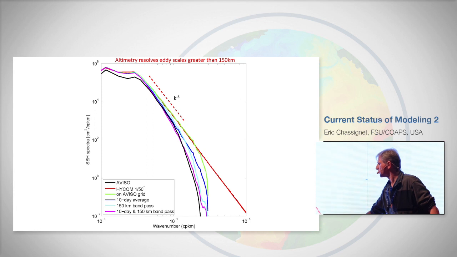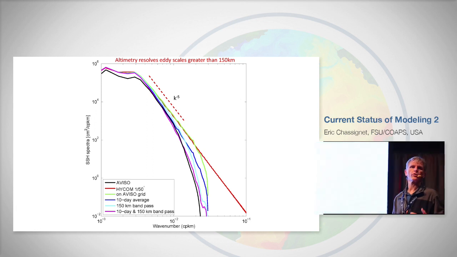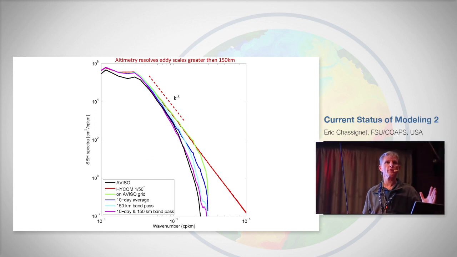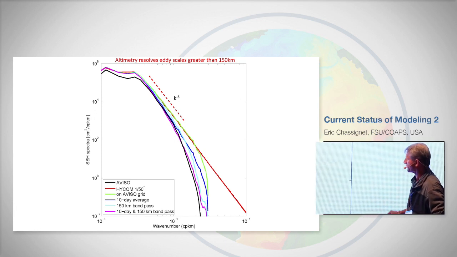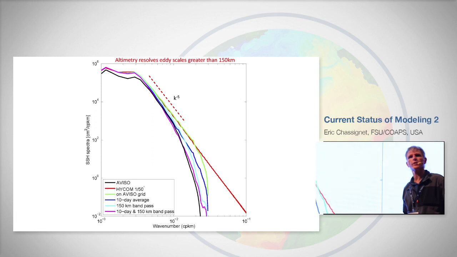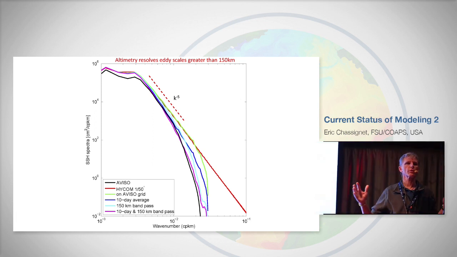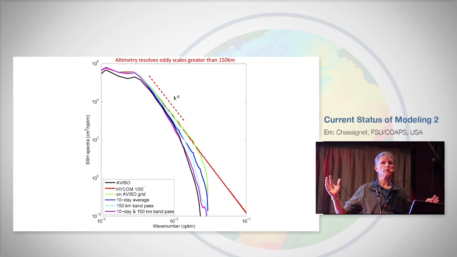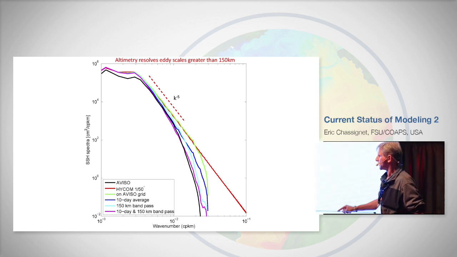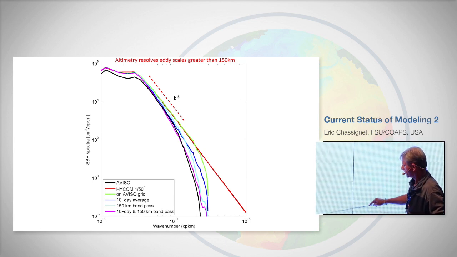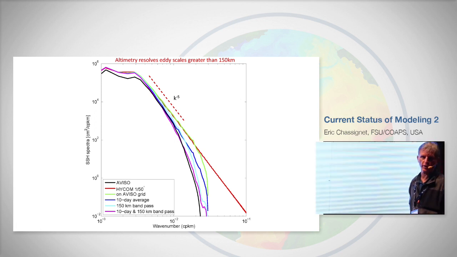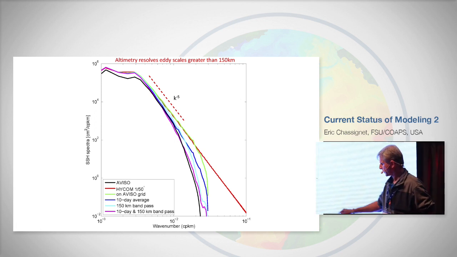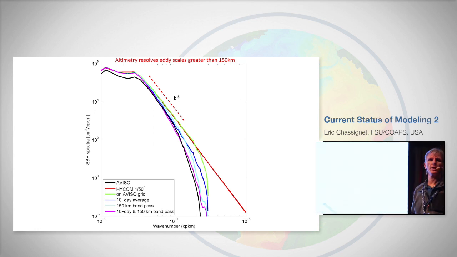If you do a 10-day average, which is pretty much what Aviso is doing, they have a 10-day window, you start to see another drop off. If you do a 150 kilometer bandpass, which is pretty much what Aviso truly resolves, you get the light blue line, and when you combine the 10-day to the 150 kilometer average, you get the purple line, which is pretty much on top of the Aviso product.